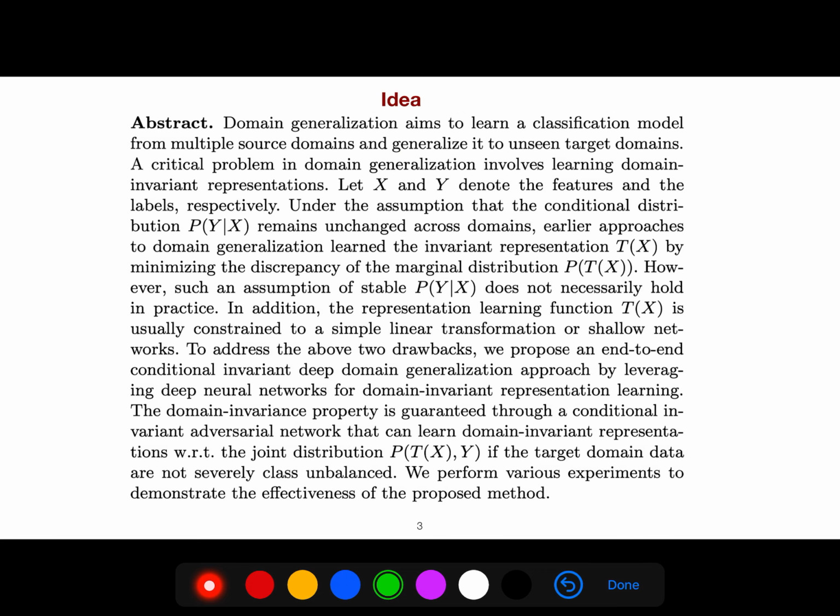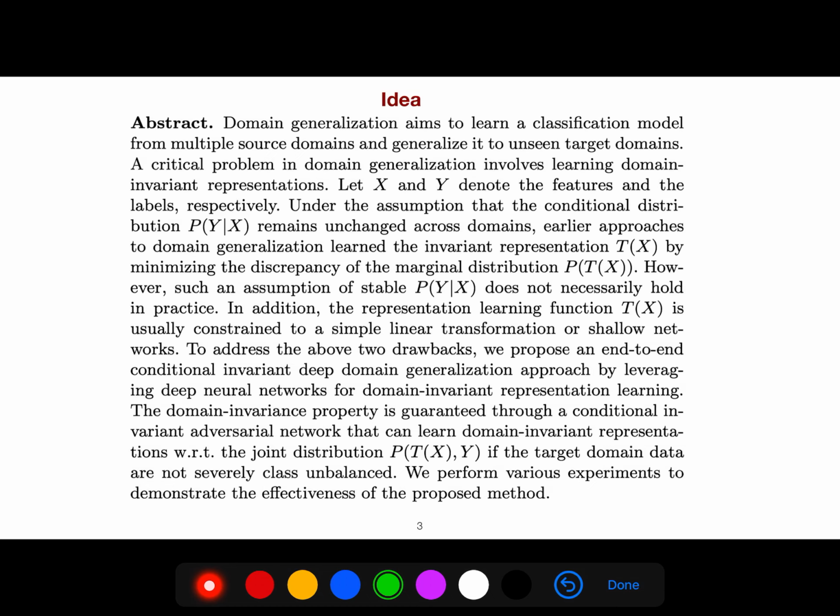Domain generalization aims to learn a classification model from multiple source domains and generalize it to unseen target domains. A critical problem in domain generalization involves learning domain invariant representations. Let X and Y denote the features and the labels respectively.